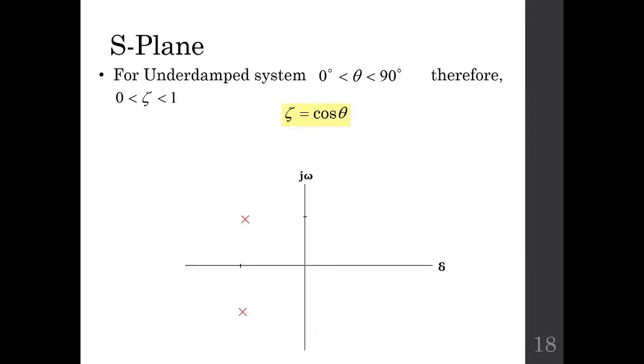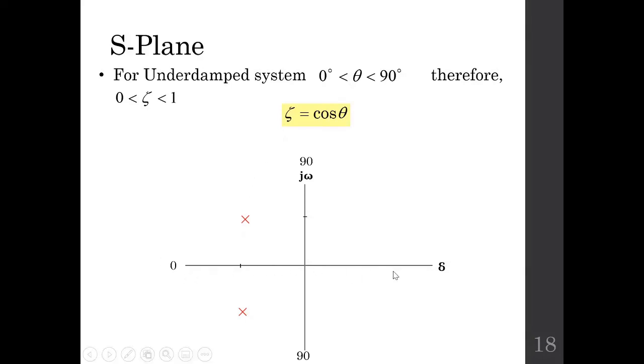The other thing that we can deduce from the pole-zero plot on the S-plane is that, based on the value of theta, you can find out whether your system is underdamped, critically damped, or overdamped. For this, you simply have to divide your S-plane into 90-degree angles.